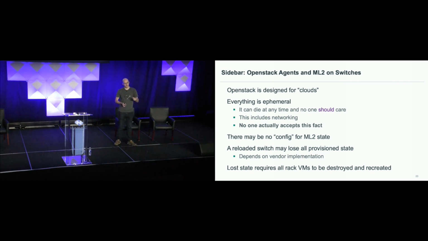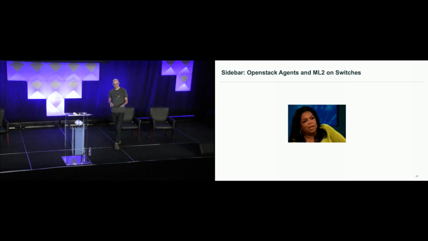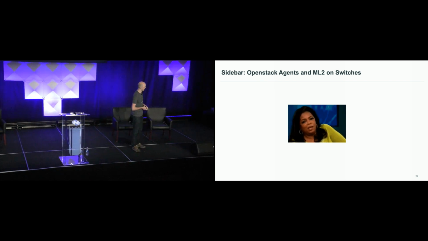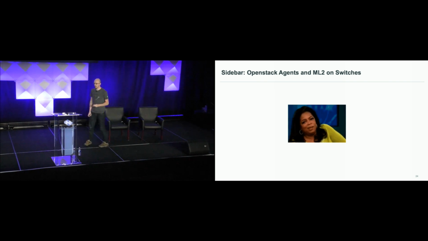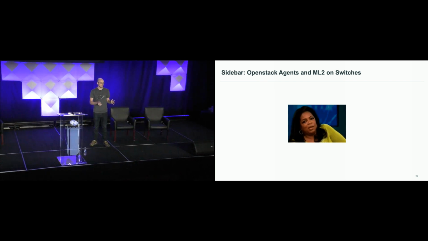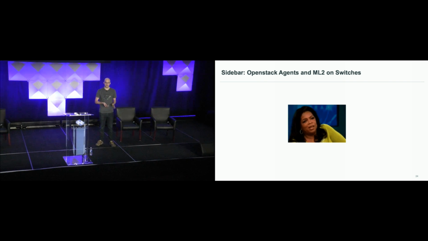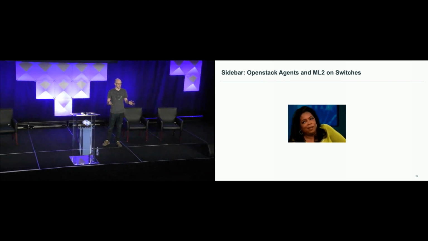If the switch reloads and it loses that state, I can't just go and ask OpenStack for that state again. OpenStack doesn't have it. So I have the Oprah face when I hear that. So if you're using ML2, I'm not saying it's bad. I'm saying make sure you understand the vendor implementation and any possible restrictions there.